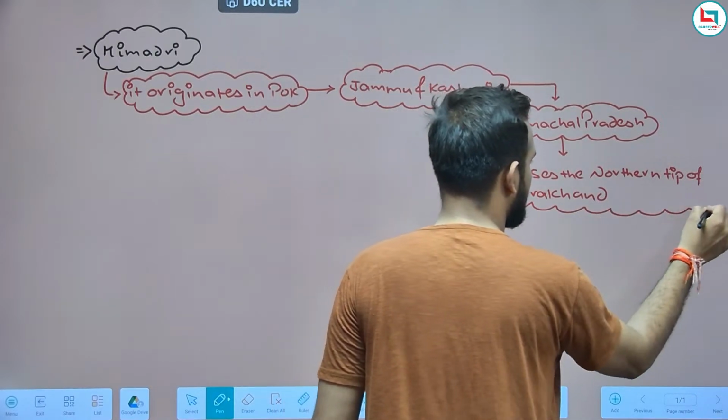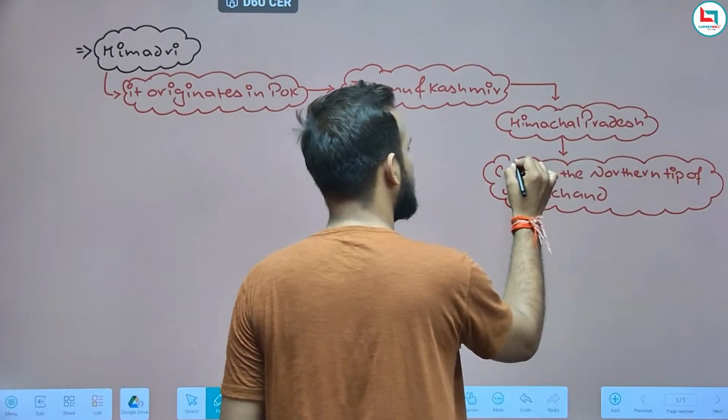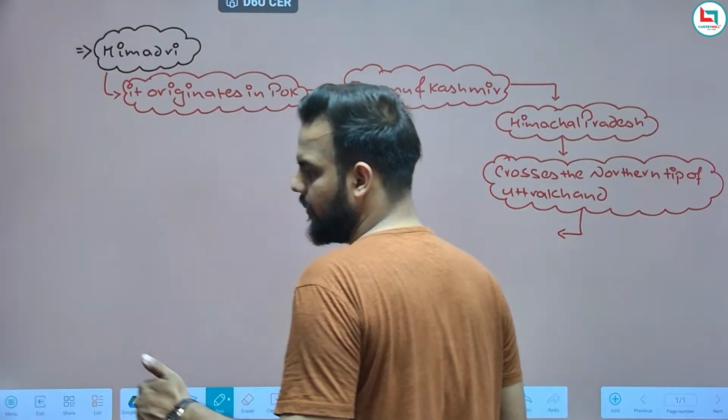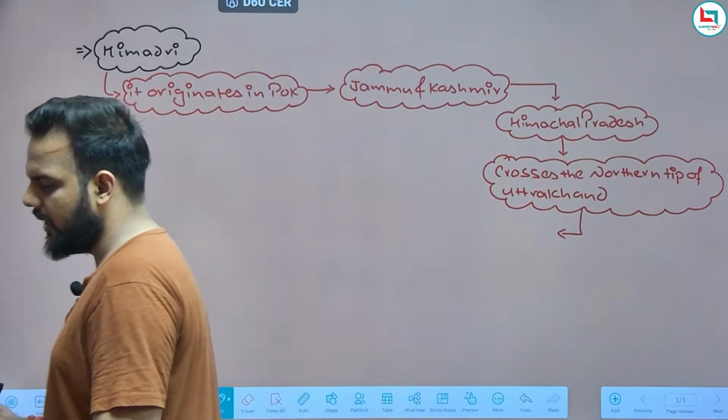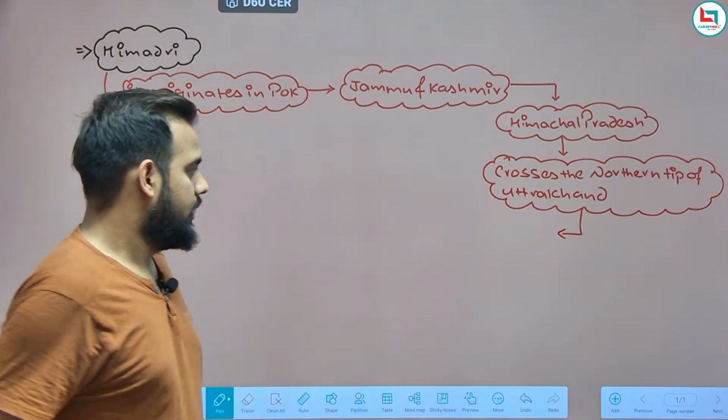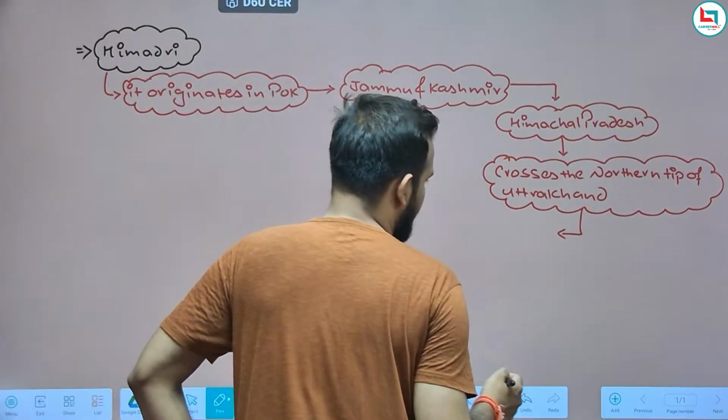So Himadri crosses the northern tip of Uttarakhand. After crossing the northern tip of Uttarakhand, then Himadri enters into Nepal.